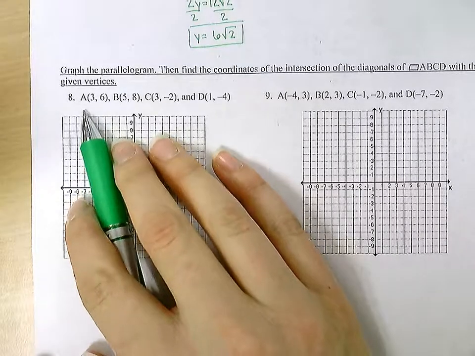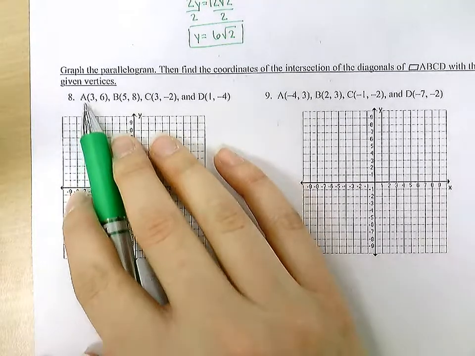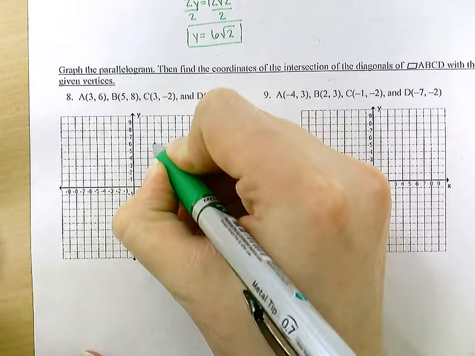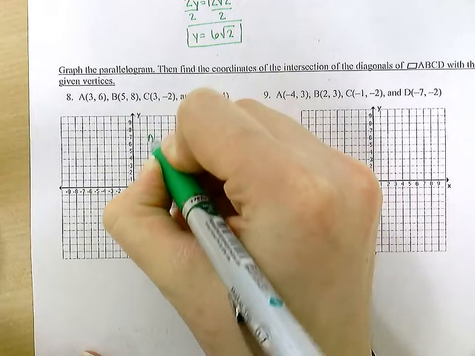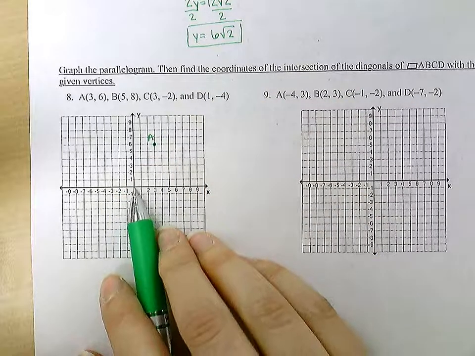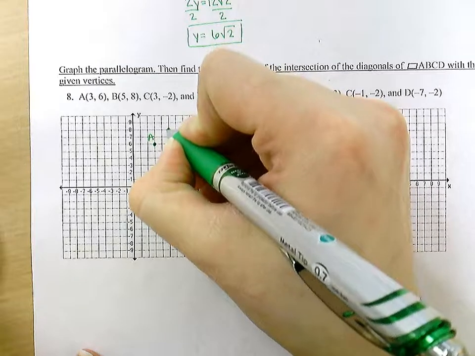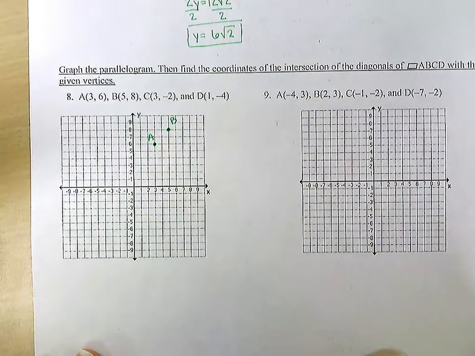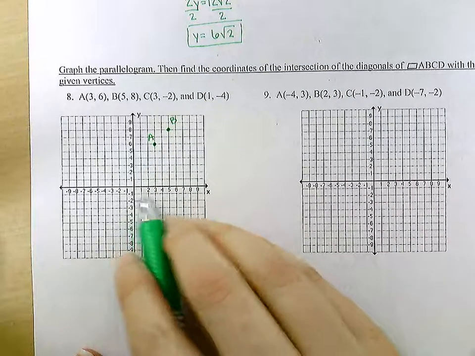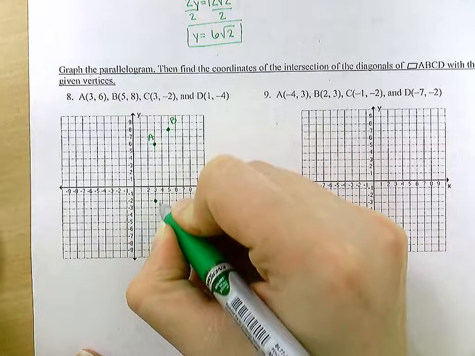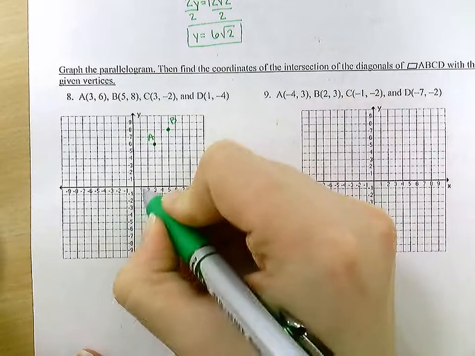I have A at (3, 6), B at (5, 8), C at (3, -2), and D at (1, -4).